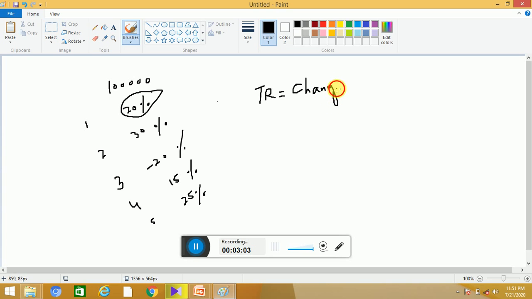This total return is just telling us about the change in wealth.